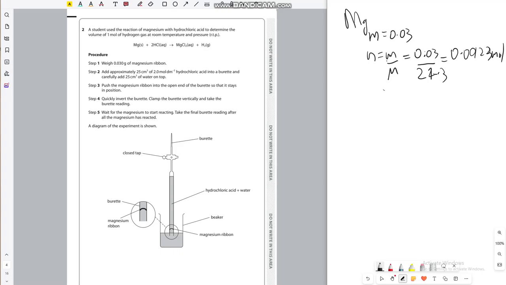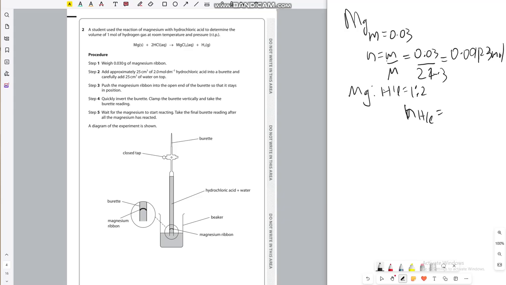Now if this is the number of moles of magnesium, understanding the point that the stoichiometry of magnesium to hydrochloric acid is 1 to 2, the number of moles of hydrochloric acid required has to be twice of what you found, which is 0.00123.